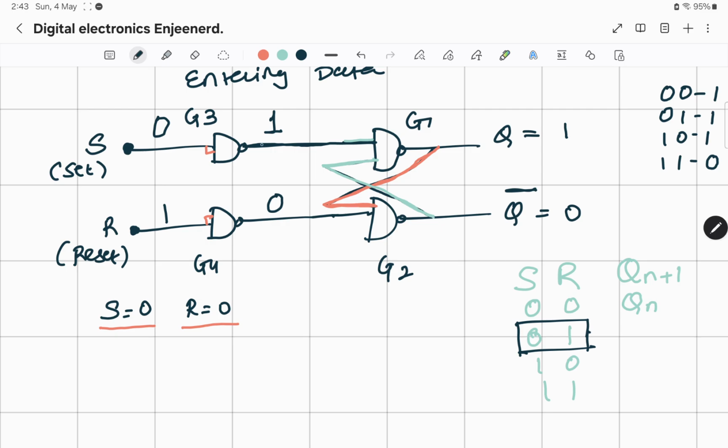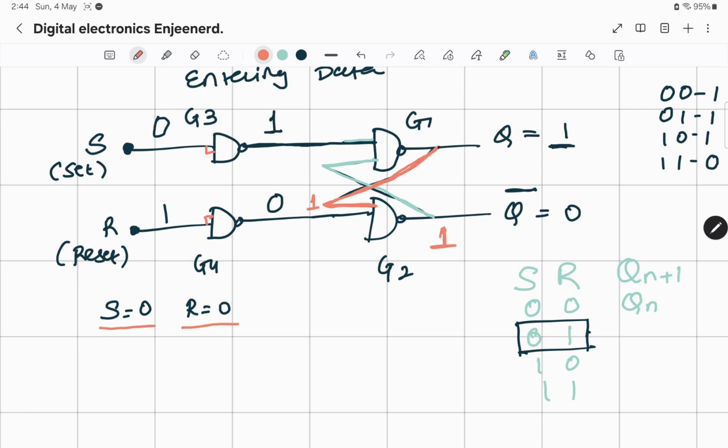So I have 1 coming at the input of G1, and a 0 coming at the input of G2. Now see what happens. This was the initial state, 1 at Q. This 1 travels back as feedback, which is in orange color. I have a 1 here and a 0 here. 0 into 1, this G2 will give you 1.